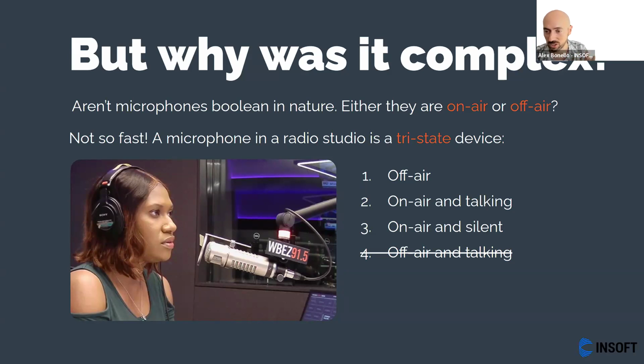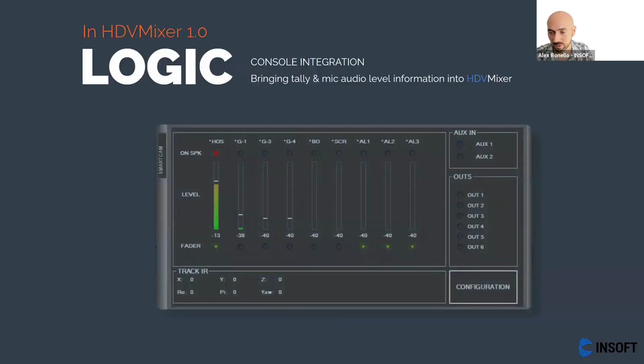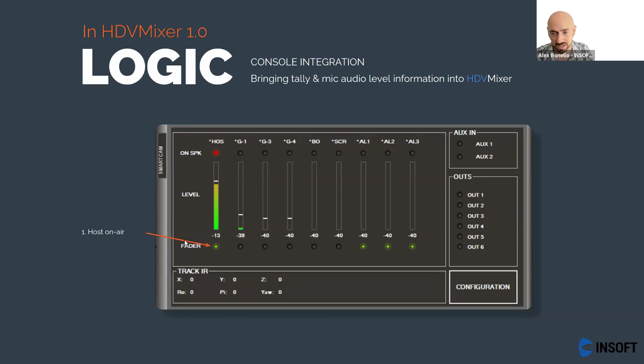How does the system switch cameras effectively? That's where the AI comes in. Originally, the user interface had a green LED for each microphone. The host microphone at the bottom has a green LED, and that's when that microphone is on air, it's hot.